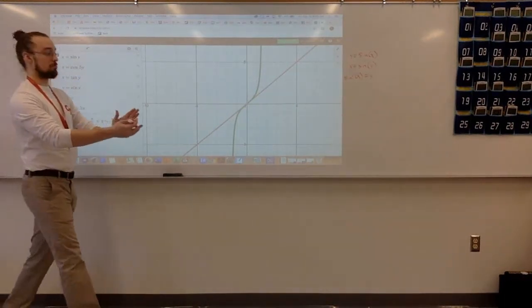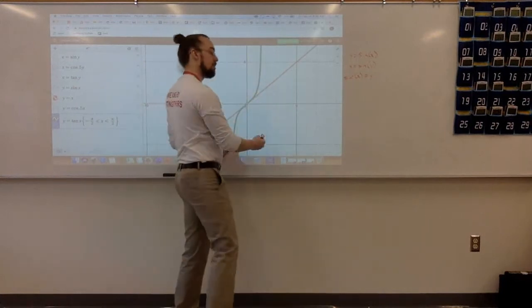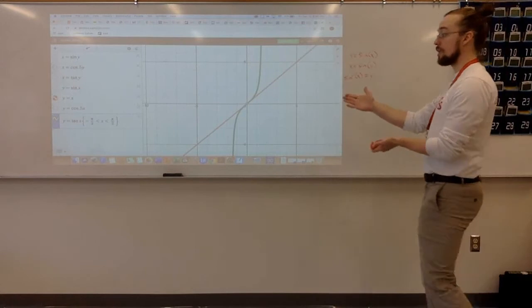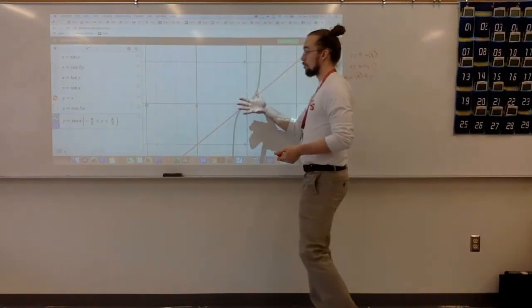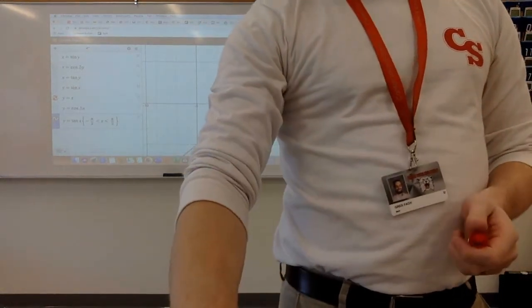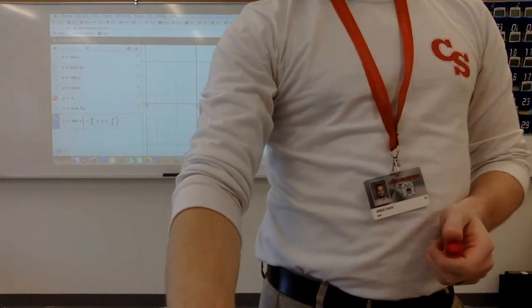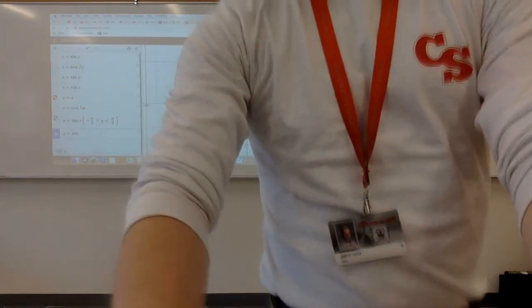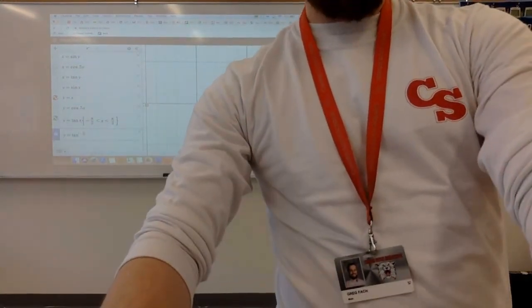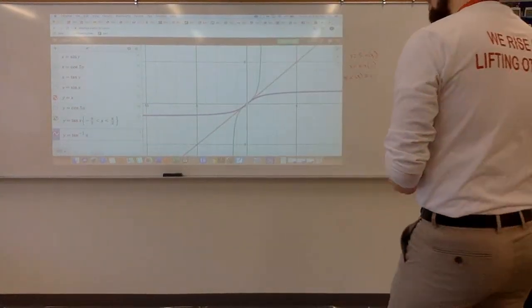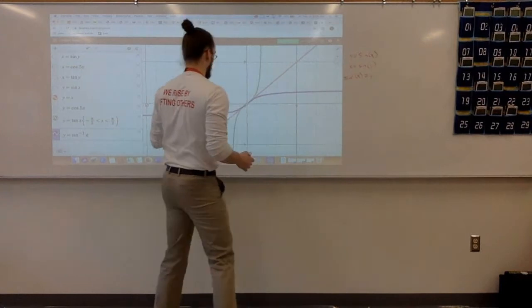So I just restricted it to one piece, or one period, of my tangent function. If I take this and reflect it across the line y equals x, we end up with something that looks like this.